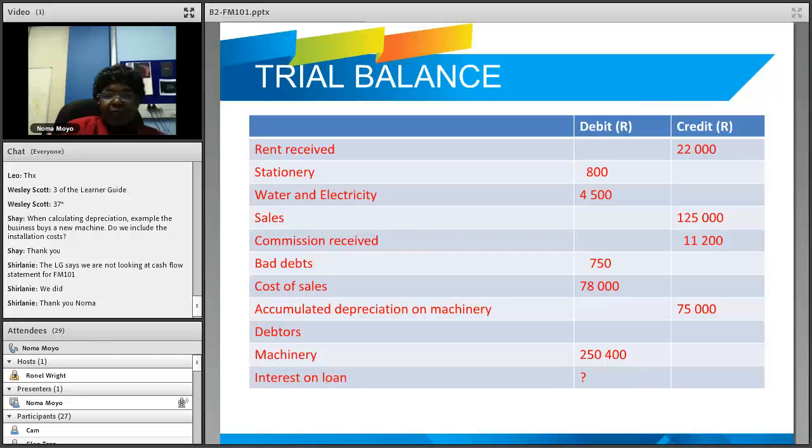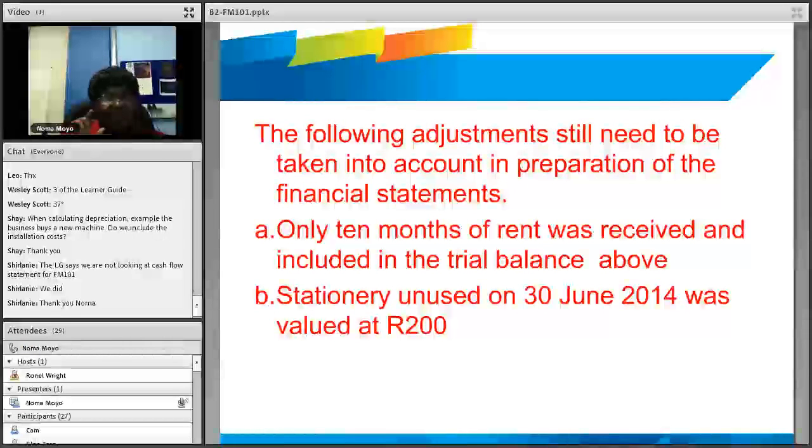If you could get your calculators, 22,000 divided by 10 means a month we are supposed to be receiving 2,200. What does it imply? We received 22,000 and that's only for 10 months. So there is still accrued income from rent. These guys owe us for 2 months, which is 2,200 times 2.